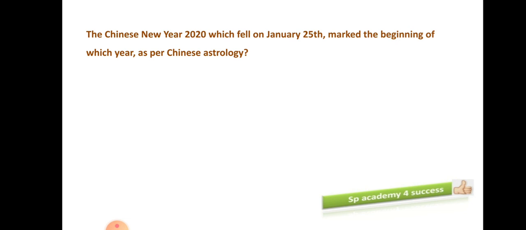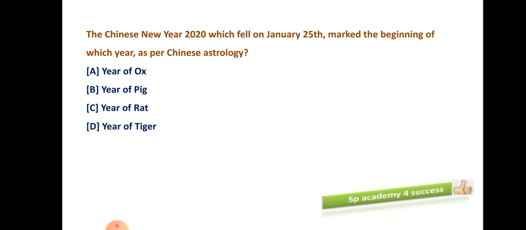And they will give a name to every year according to the Chinese astrology. So according to that Chinese astrology, what is the name of the year 2020 that was given on January 25th? I am giving the options here. See, these are the options.